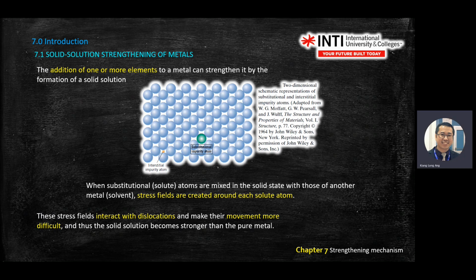If the atoms are very hard to slide along the axis of the crystal structure, then it makes the metal stronger. So the concept behind substitutional is that when you substitute something, you create a stress field. This stress field makes the movement more difficult, which contributes to the strengthening of the material.